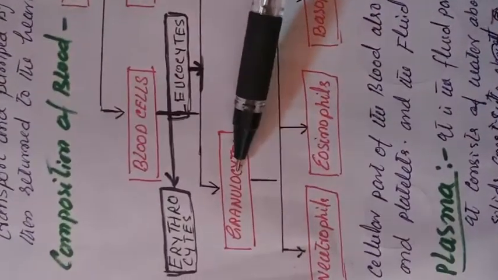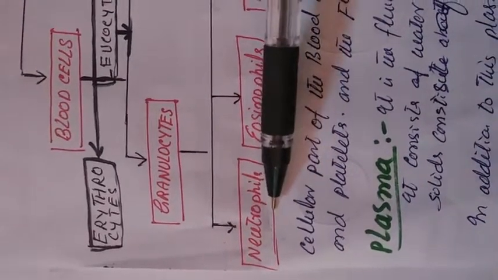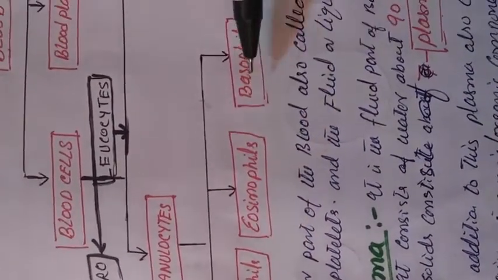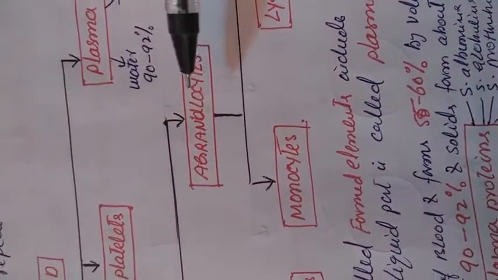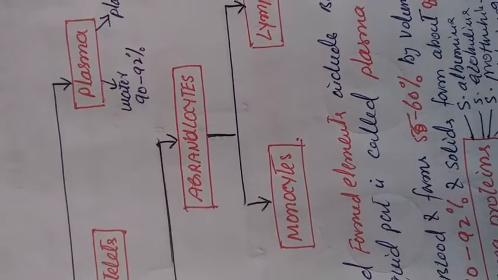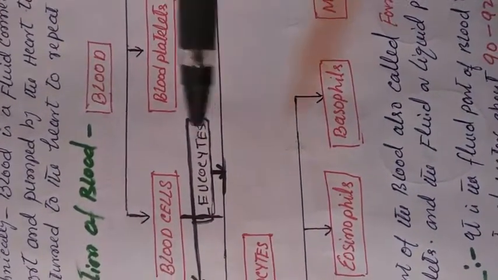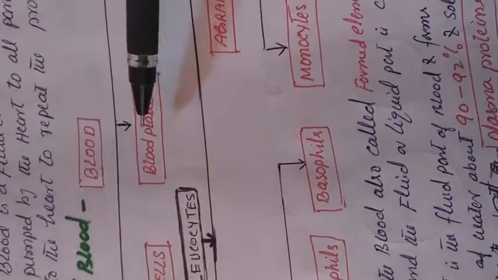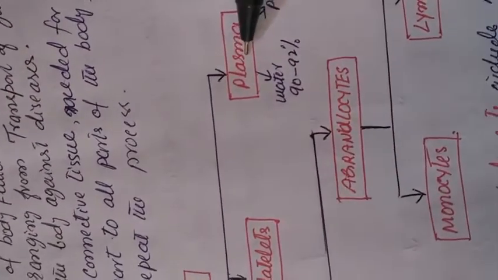The granulocytes are further classified into three types: the neutrophils, eosinophils and basophils, whereas the agranulocytes are divided into two types, that is monocytes and lymphocytes. Now the cellular part of the blood, also called the formed elements, includes blood cells and platelets, and the liquid part is called the plasma.